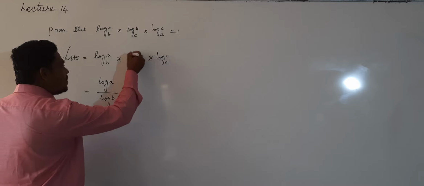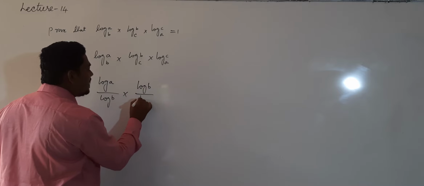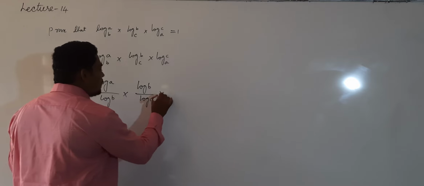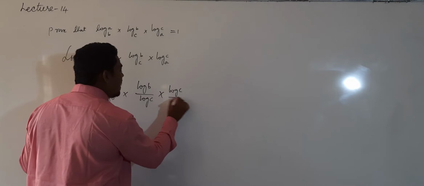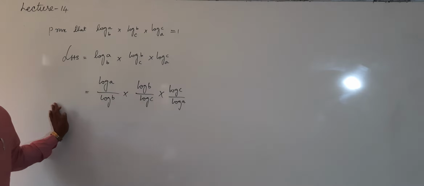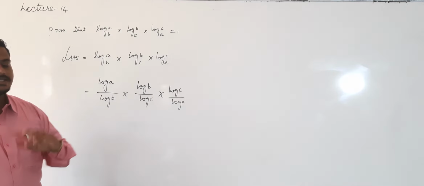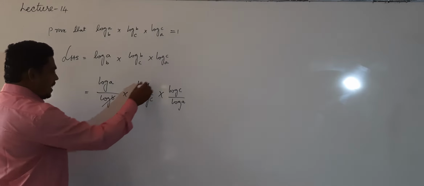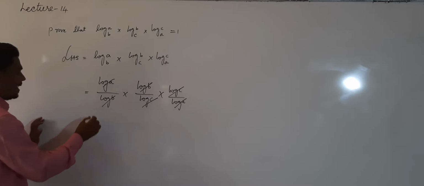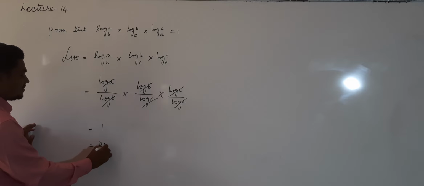Again using the change of base theorem, log b divided by log c into log c divided by log a. Here base is not mentioned, which means same base. Now log b, log c, log a get cancelled. We get 1, which is our RHS.